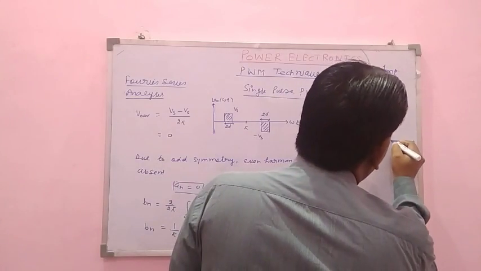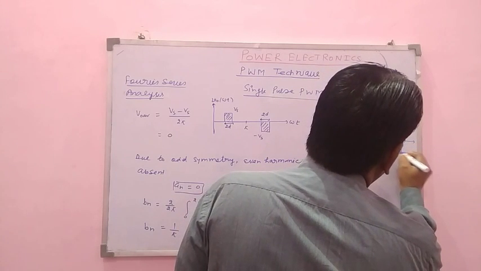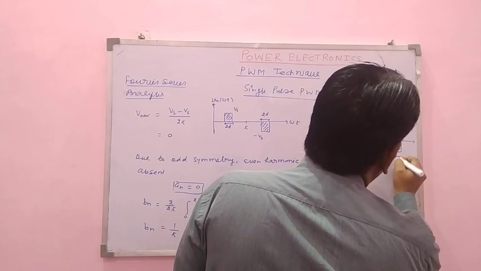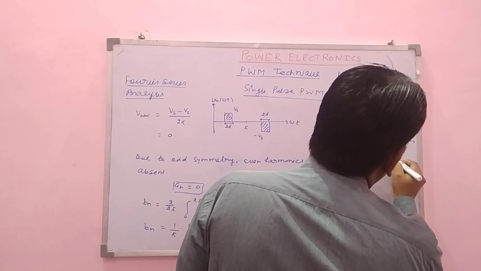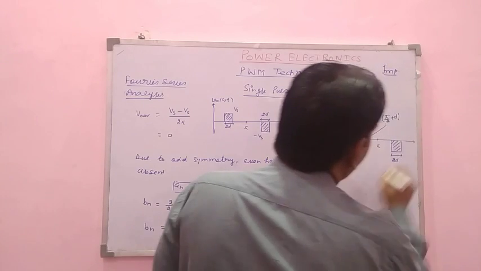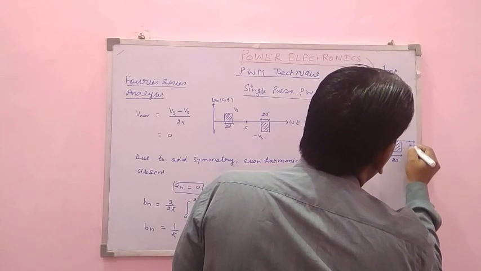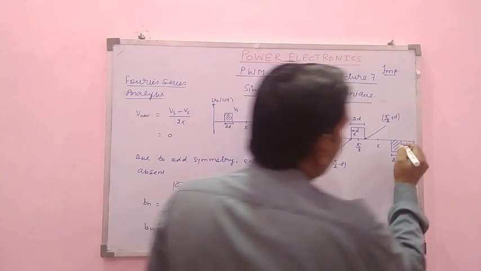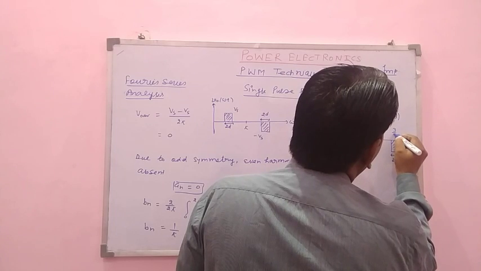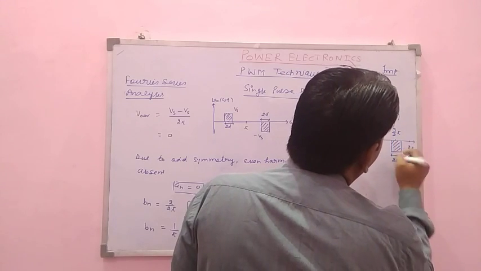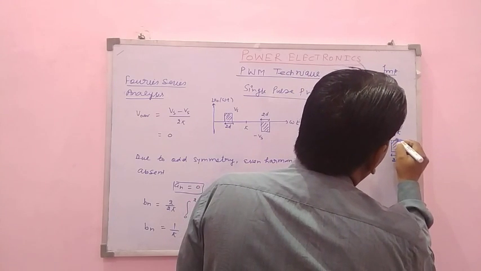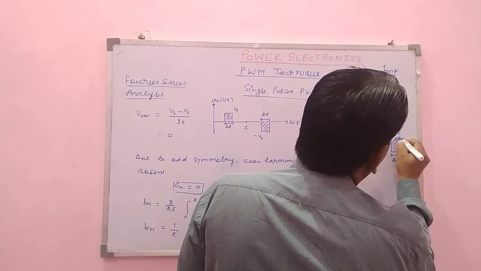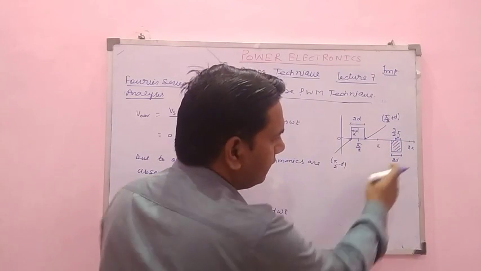Similarly, for the negative pulse, the total width is 2d. The center of pi and 2 pi will be 3 pi by 2, and d is half of this width.